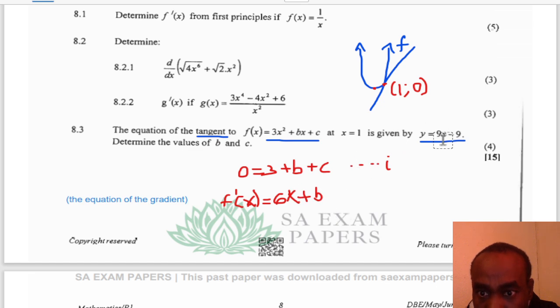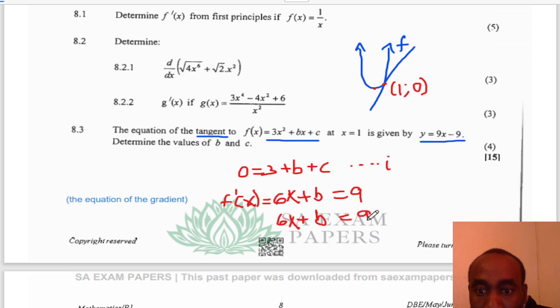Now, since the tangent has the formula y equals 9x minus 9, if you look at this very well, you will see that the gradient here is 9. So you can equate this equation of the gradient to 9. So easily we can say 6x plus b equals 9.